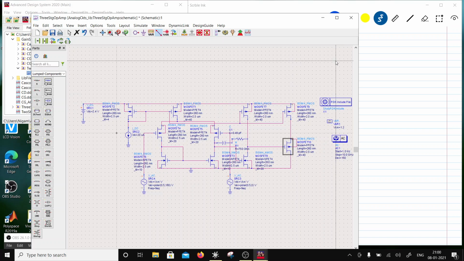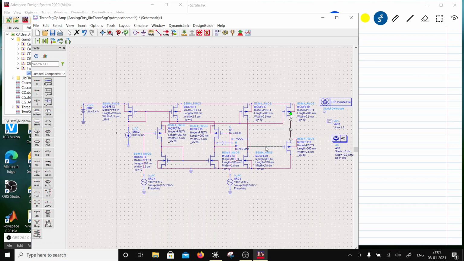Now the output swing, the output node is going to be this one, and the swing would depend on the overdrive of these devices. If these devices are large, then the overdrive is going to be small, and the voltage swing would be there. So it is a source follower, right?